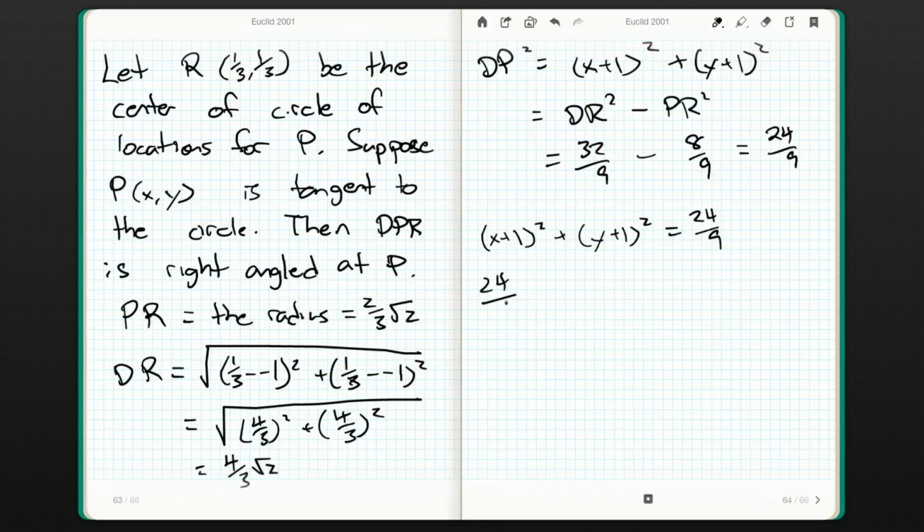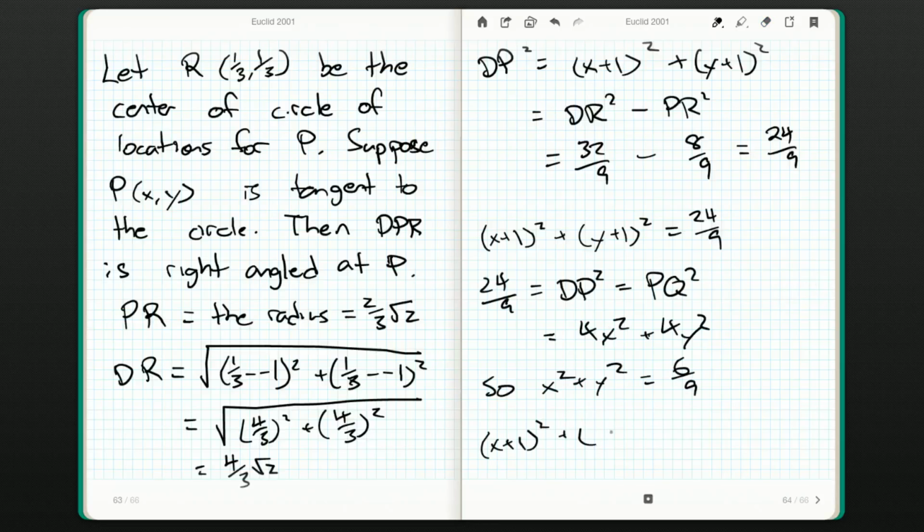So 24 over 9 is dp squared, but that's also pq squared. This is 4x squared plus 4y squared. So x squared plus y squared is equal to 6 over 9.